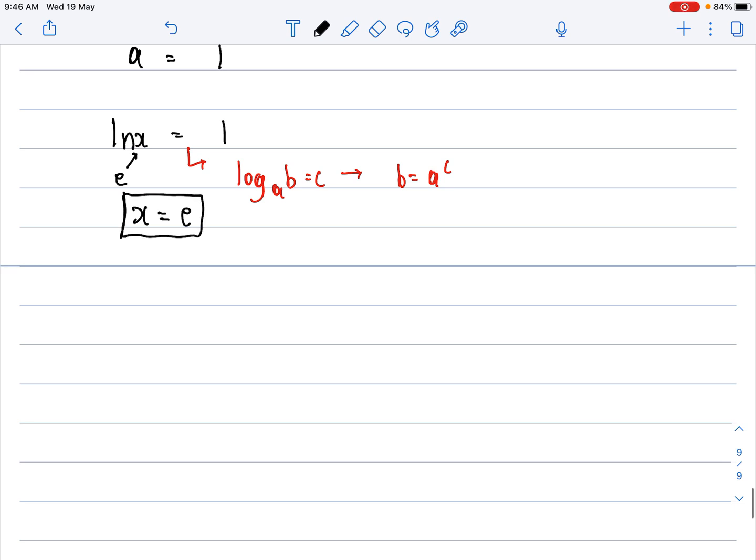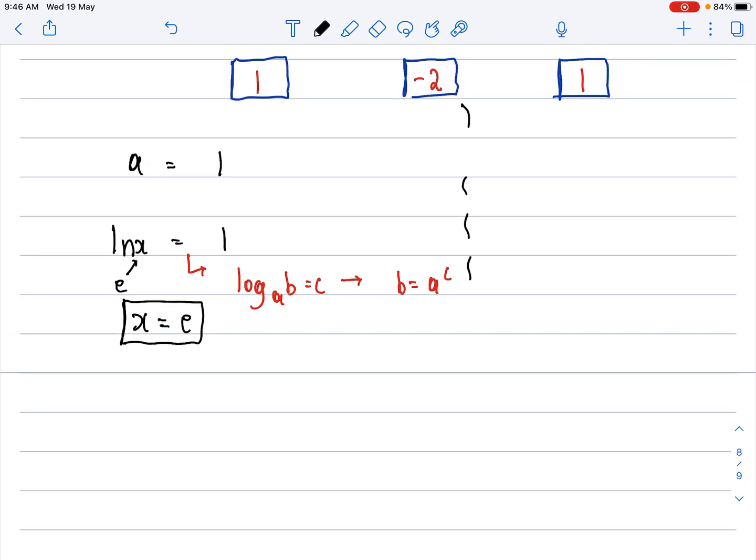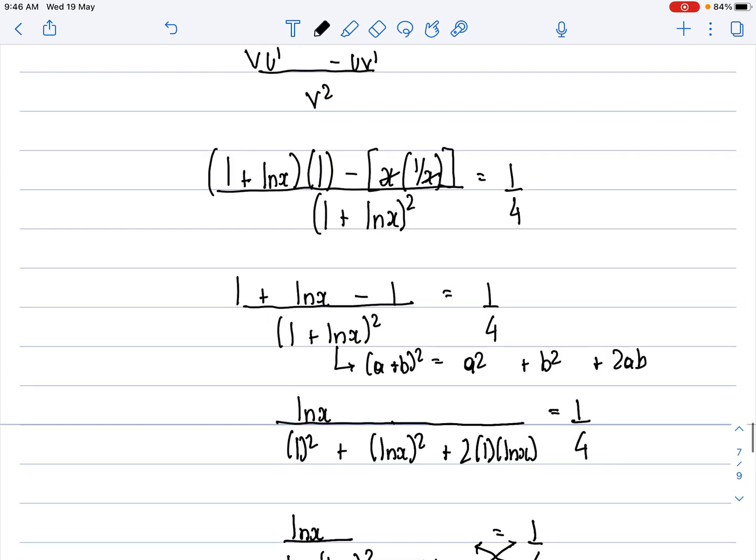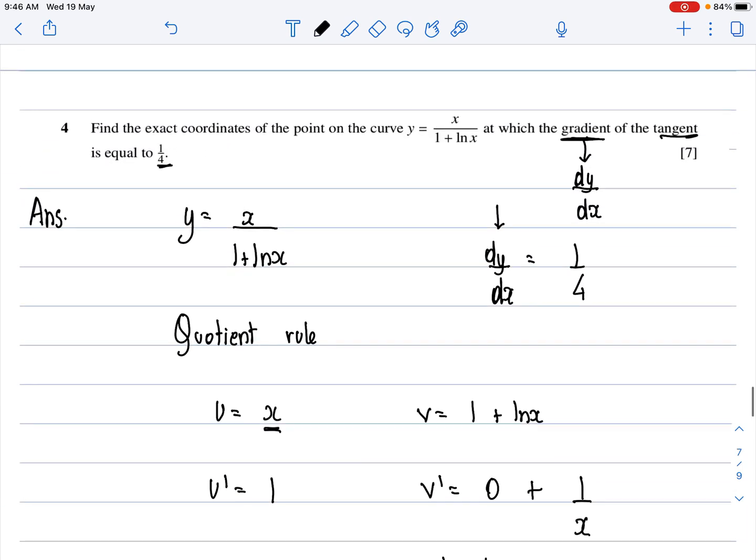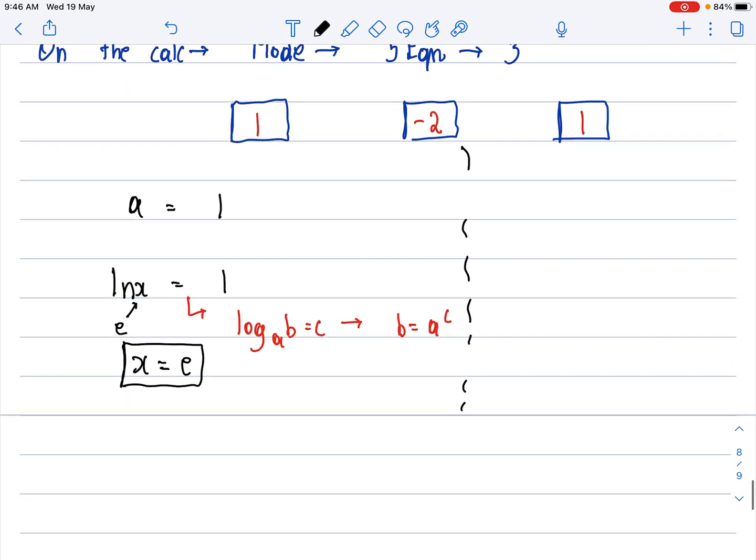Now I need both my coordinates. I have my function y equals x over 1 plus ln x. In the place of x, I can substitute e over 1 plus ln e.